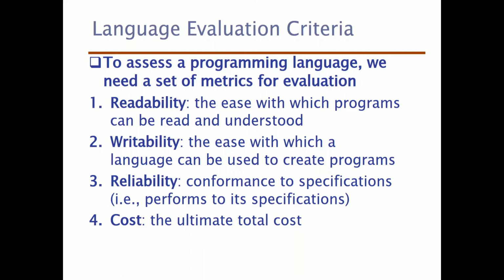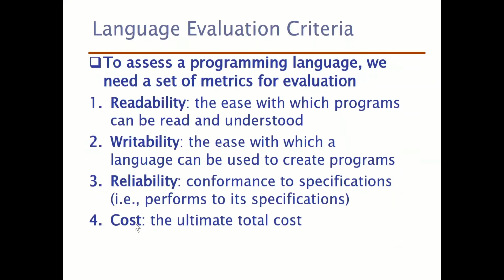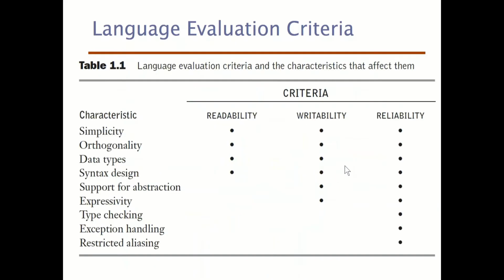There are others, but these are the most common, and we will be using them in our course. So let's see what kind of characteristics influence these three. I didn't speak about the cost because it will come in its own time and dimension, but let's think about the others.